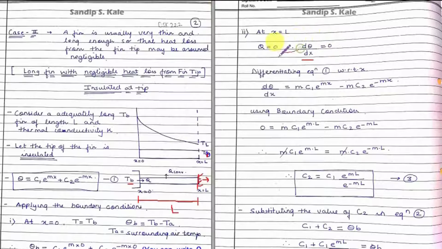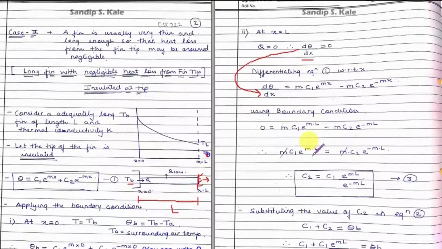So you substitute this value here. After substituting, 0 is equal to m c1 e to the power mL, where x is replaced by L, similarly minus m c2 e to the power minus mL.